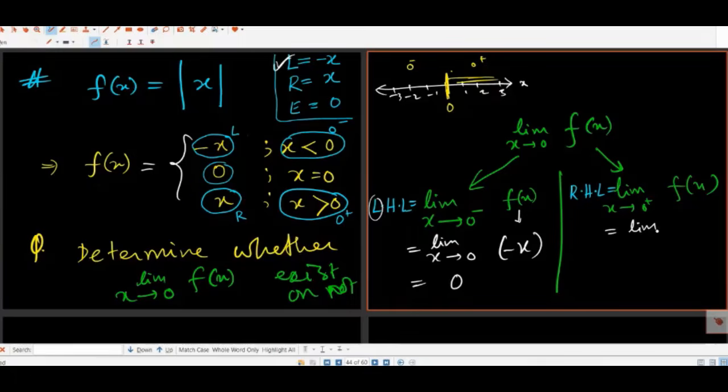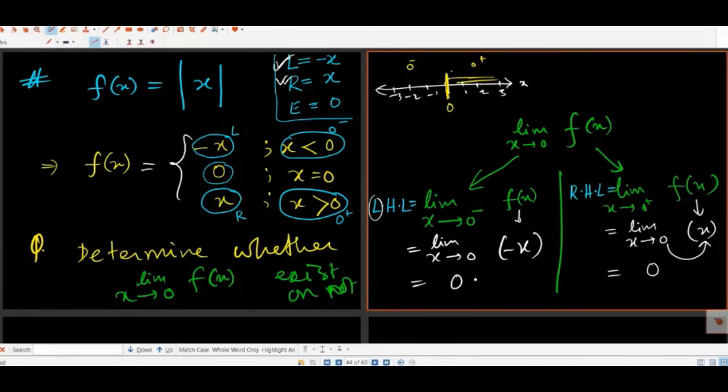Similarly, for the right hand limit, we have to find the rightward function, or we can say the 0 plus function. The 0 plus function is positive x. Now there is no need to keep the plus sign. This is just for direction. So input 0, and we have 0.